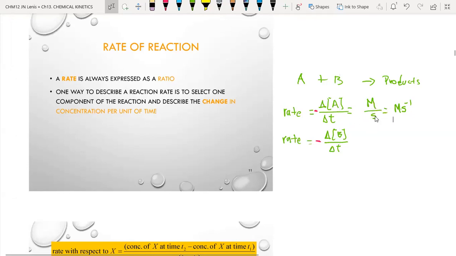Molar per second, that's how you read it, it's not moles, molar per second, or you can say molar seconds -1. Or you can say moles per second, but this is exactly the same thing.